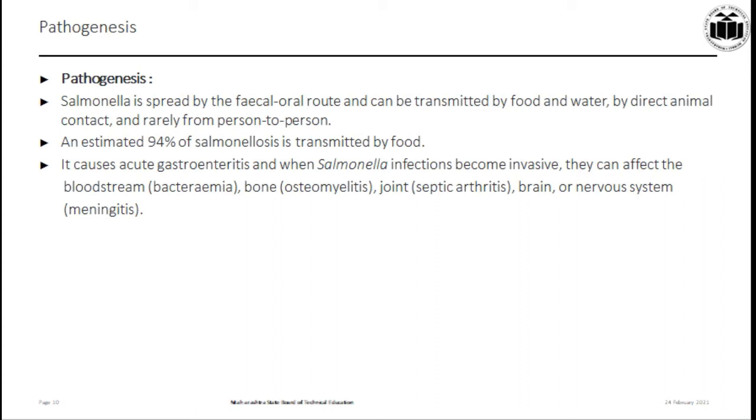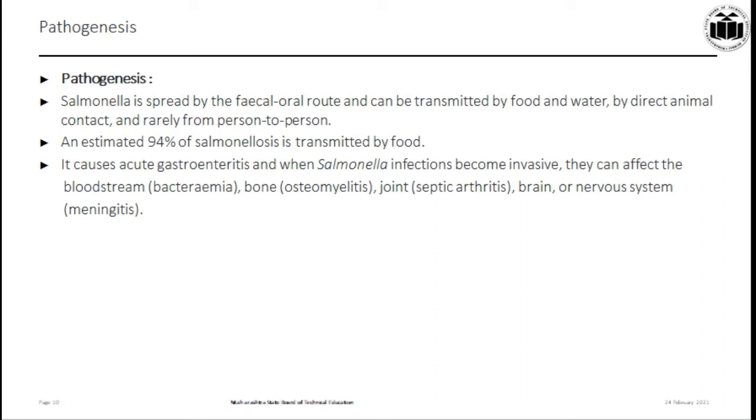When the Salmonella enters the body through contaminated food and water, they exhibit a gastrointestinal disorder. That is, they cause infection in the human gastric intestine, and if the infection is severe, they can enter into the bloodstream, and the situation is known as bacteremia.